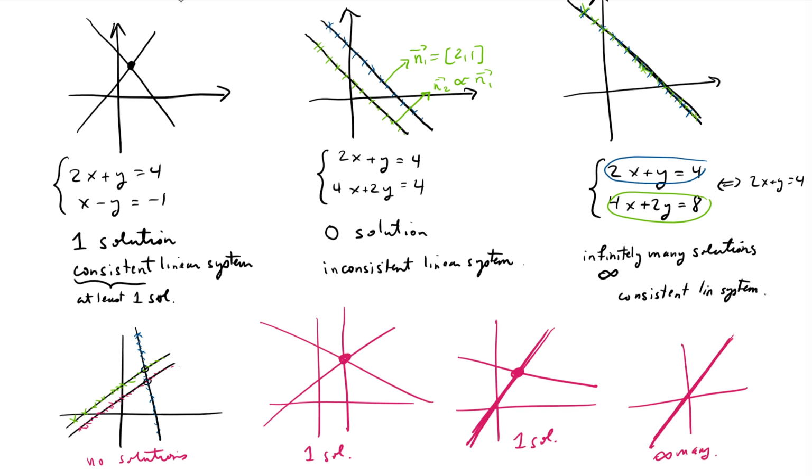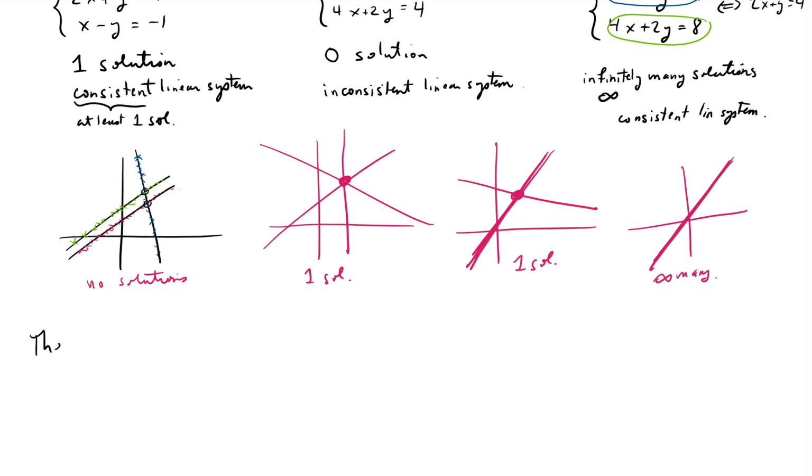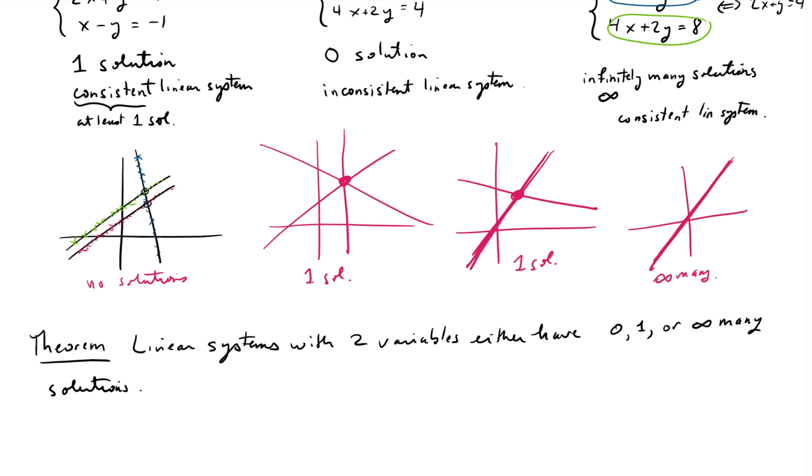But in all cases, you see I have either 1, 0, or infinitely many. And this is a theorem we are going to prove eventually, but I'll write it down here. So, theorem: for linear systems with two variables, in R2, I have either 0, 1, or infinitely many solutions.